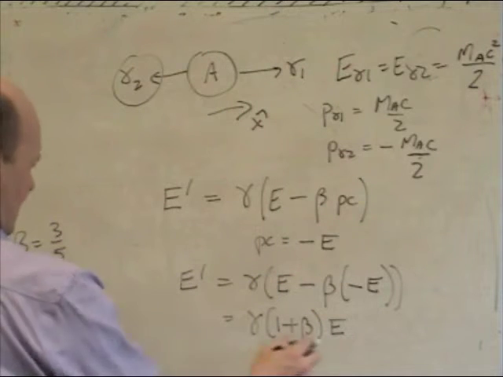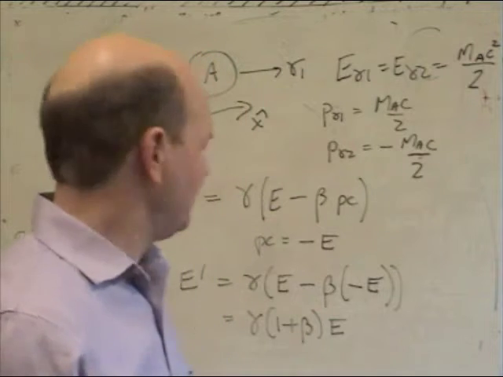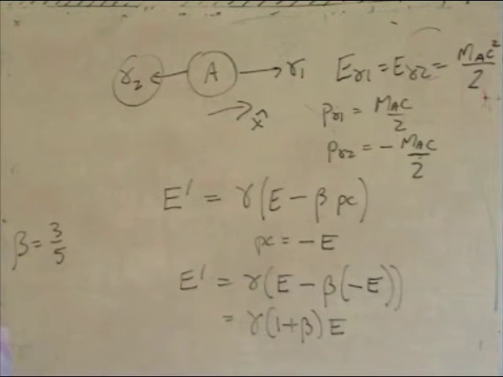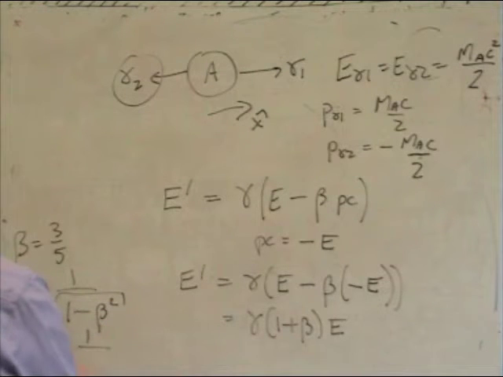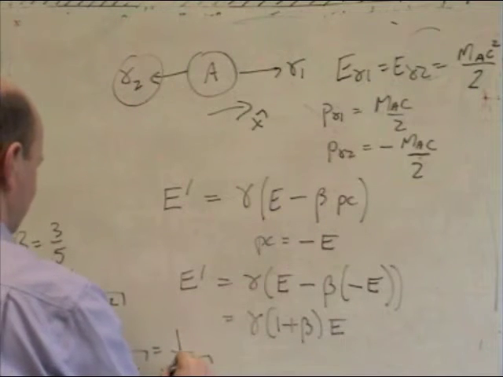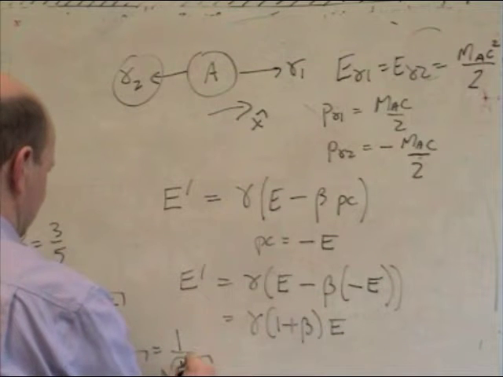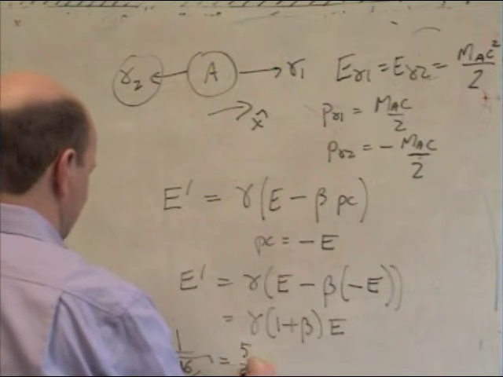So, let's express it in terms of E, because that's what we did for the other photon. In this case, we know that beta is 3/5. Gamma equals 1 over the square root of 1 minus beta squared, which equals 1 over the square root of 1 minus 9/25, which is 1 over the square root of 16/25, which equals 5 over 4.